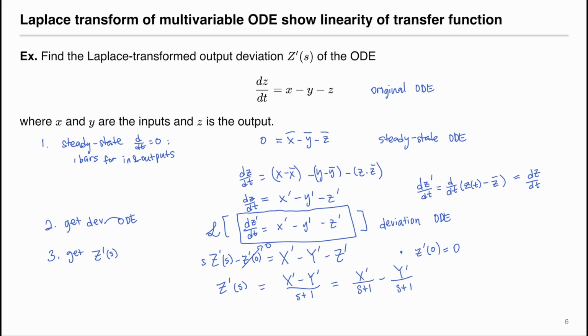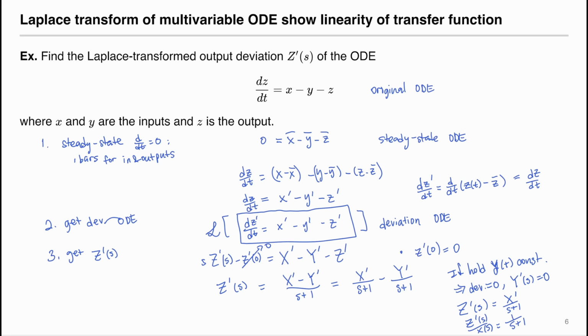And this result is very interesting because if we hold one variable constant, say, hold y constant, then its deviation will be 0. So therefore, y prime of s will be 0. And if that's the case, we will have big Z equals x prime over s plus 1, and we can isolate the effect of x as 1 over s plus 1.